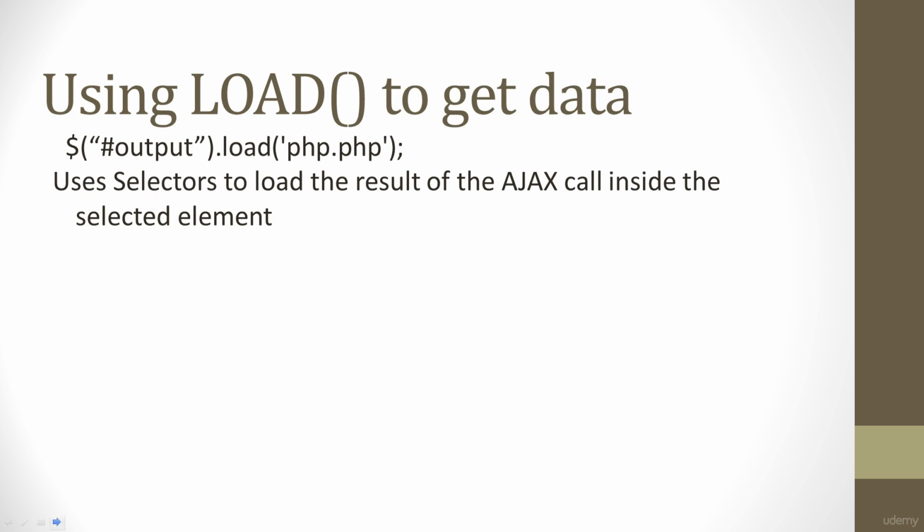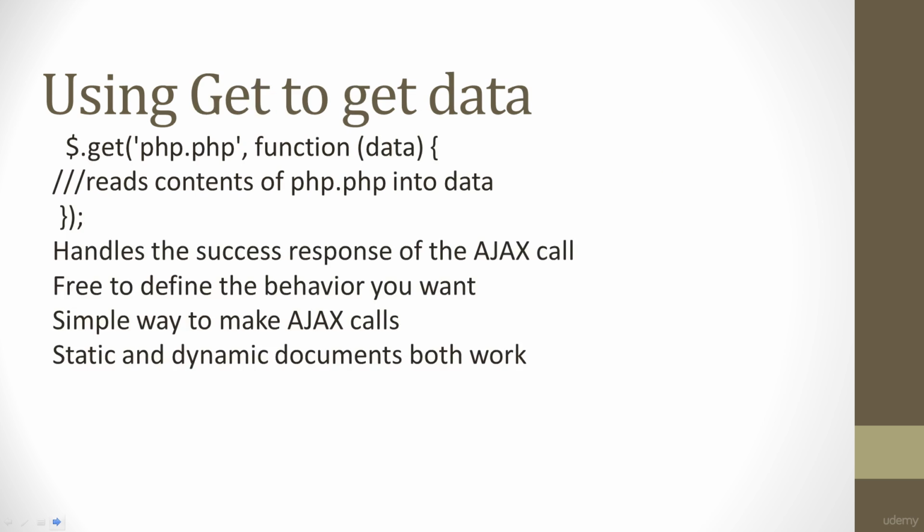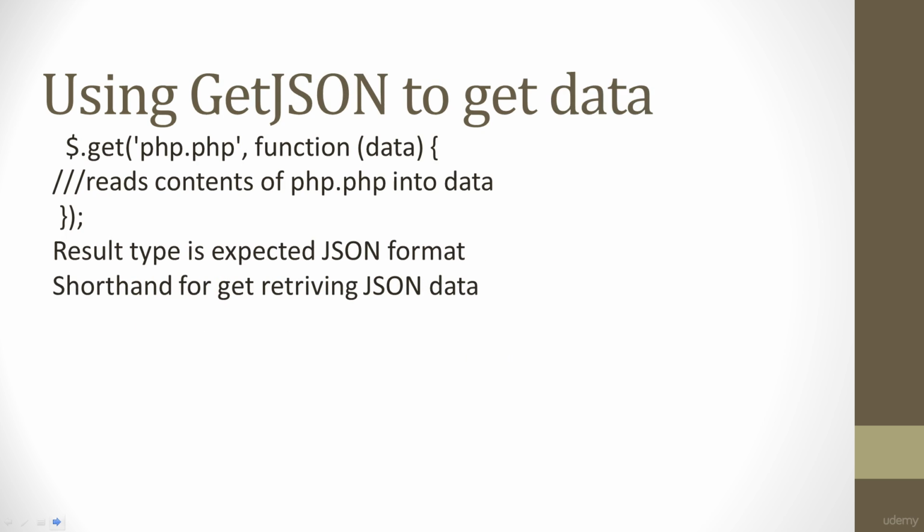We've got a number of different ways to load data. We've got load, a method within jQuery which allows us to initiate the Ajax call and load Ajax content. We've also got get, which is a way to make a call over to something like a PHP file and read the contents of that PHP file.